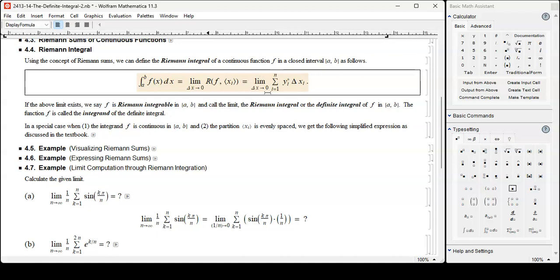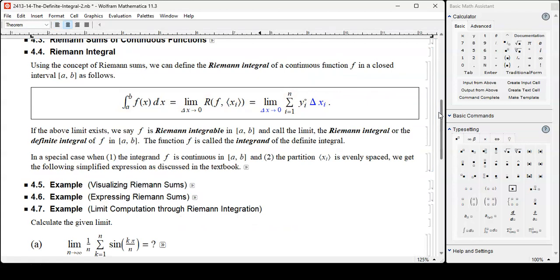Delta x going to 0 versus 1 over n going to 0, and delta x, 1 over n, shows up right here, as I just highlighted in blue. Maybe a little bigger font will be helpful.